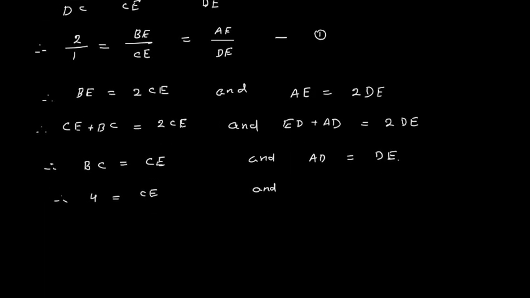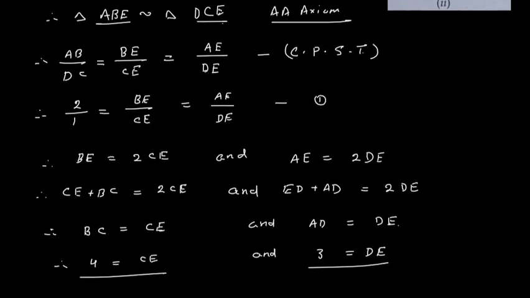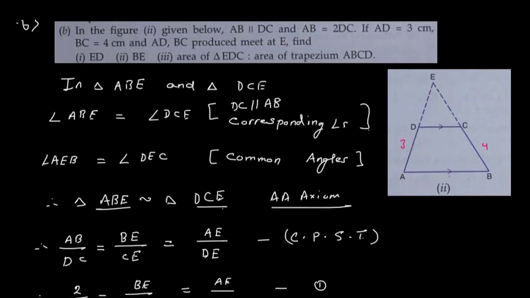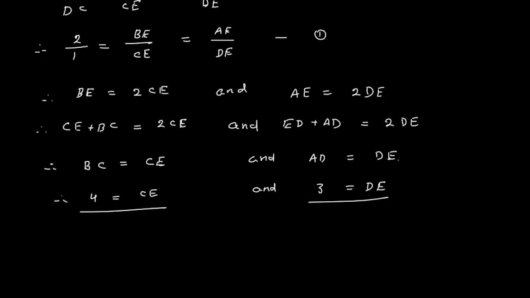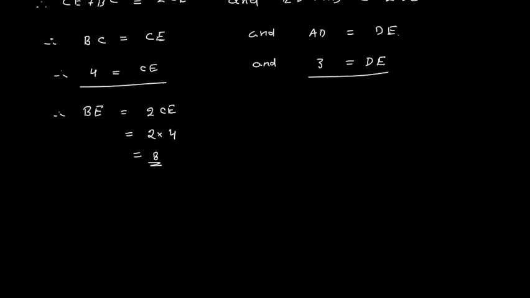Now in our problem, ED we have to find out, so ED is 3, and BE we have to find out. BE is equal to 2 times CE, which is 2 times 4, equal to 8. So we get ED equal to 3 centimeter, and BE equal to 8 centimeter. Lengths are given in centimeter, so we have centimeter.